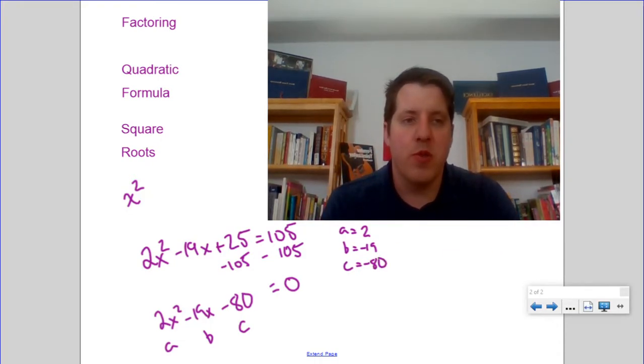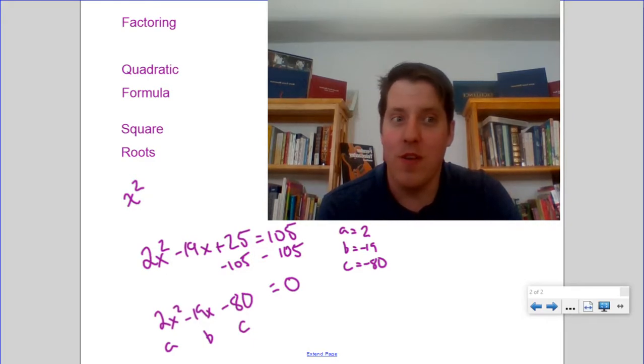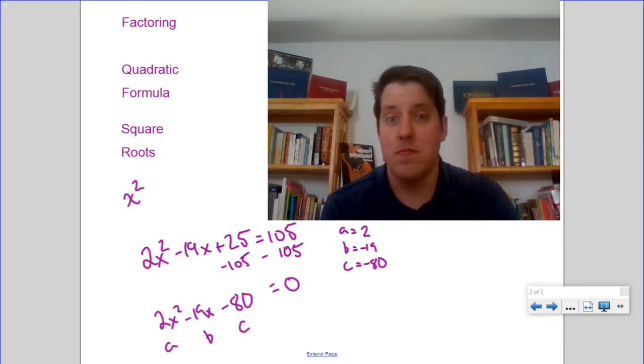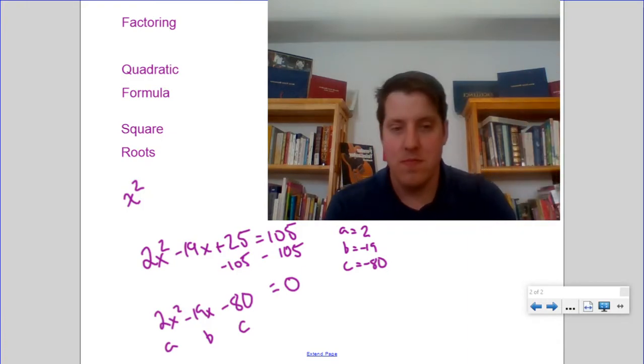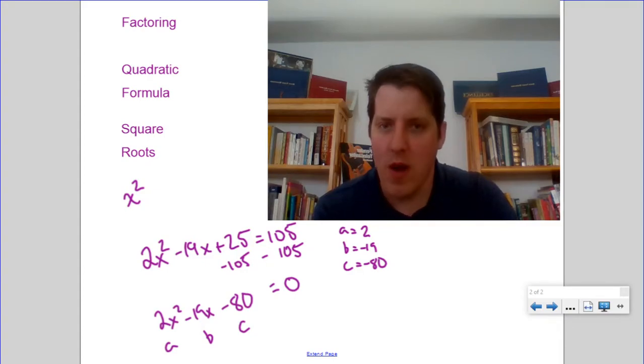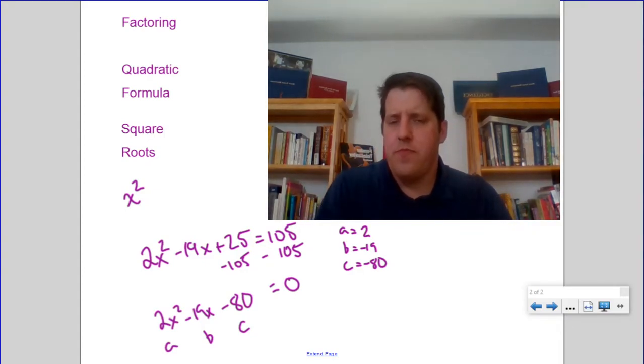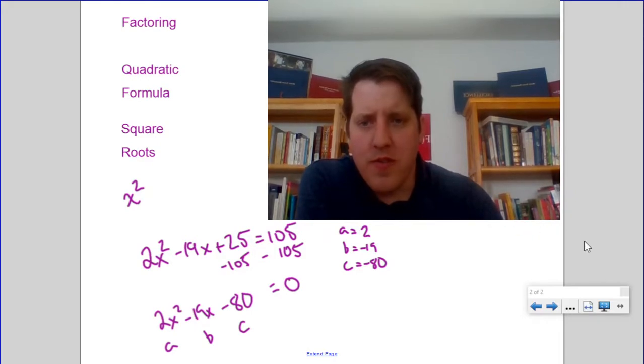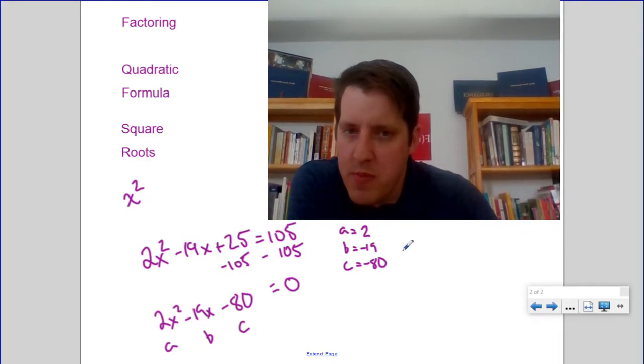Now, do you remember the quadratic formula? Well, here it is. x equals opposite b plus or minus the square root of b squared minus 4ac all over 2a. All right, so x equals the opposite of b. Now, this is the most common mistake.